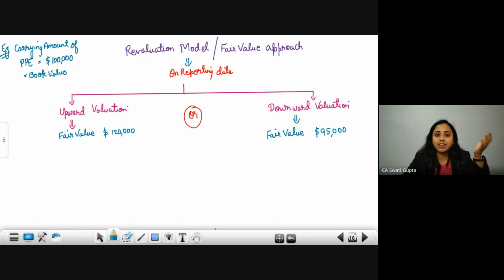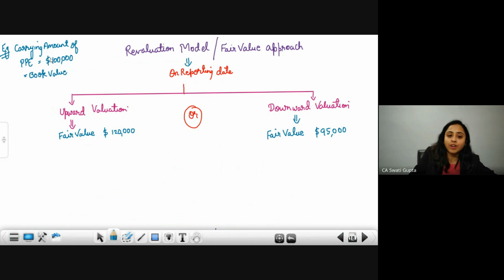Either it will be a gain, or it can be a loss. So if we go ahead with the revaluation model or fair value model, then on the reporting date, either there will be upward valuation due to fair valuation, or downward valuation. These are just examples taken.